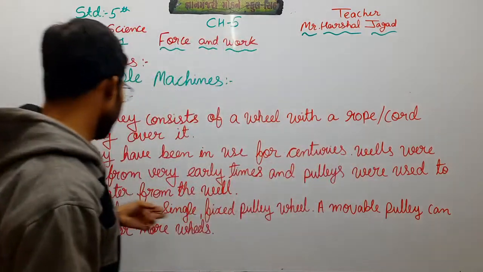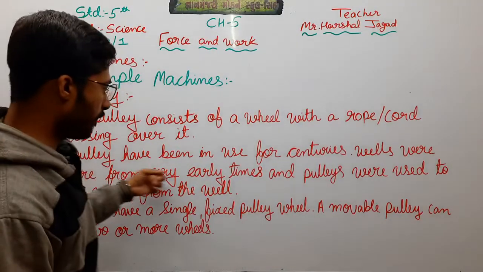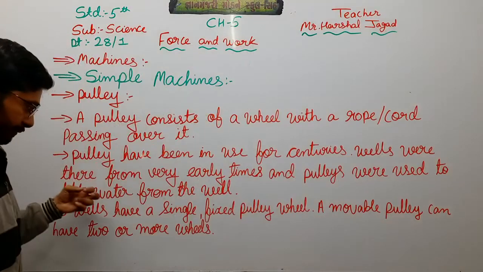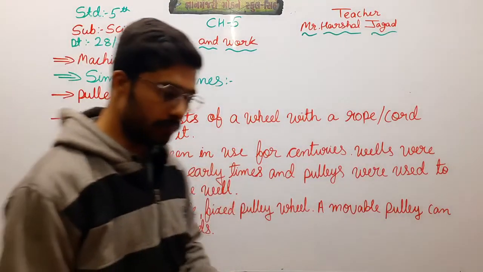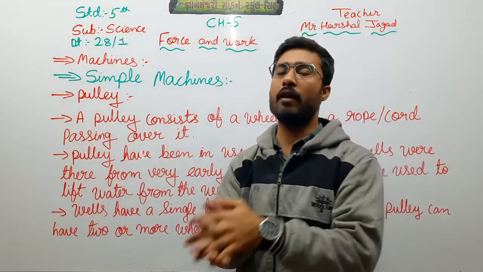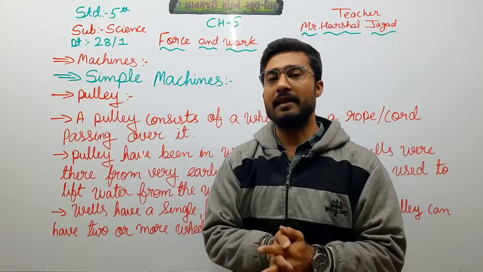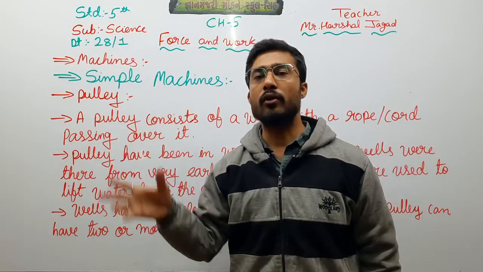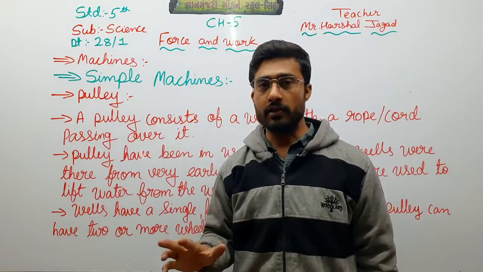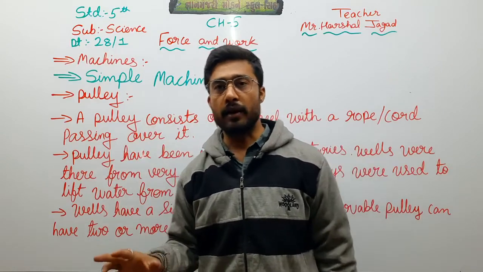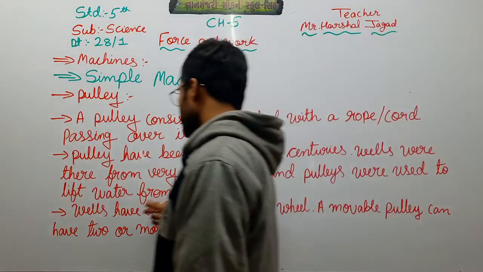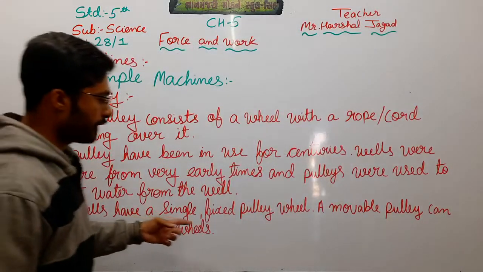Wells were there from very early times, and pulleys were used to lift water from the well. Pulley has been used for many years, meaning before the centuries. How? Earlier there were wells, so to take water out of wells a pulley was used. So it is used for centuries. Okay, so here it is, wells have a single fixed pulley wheel.